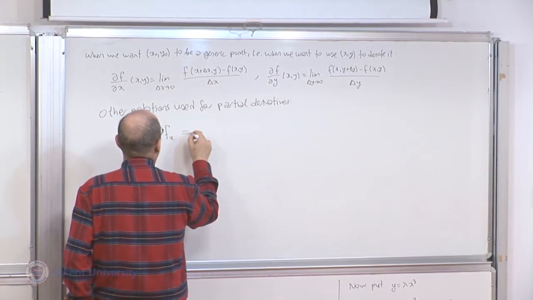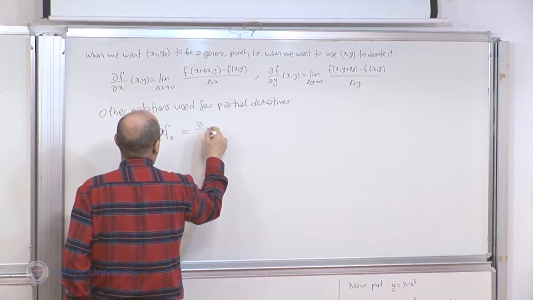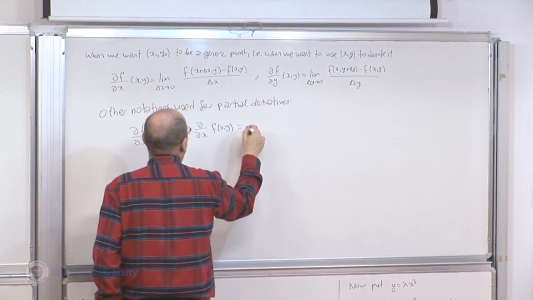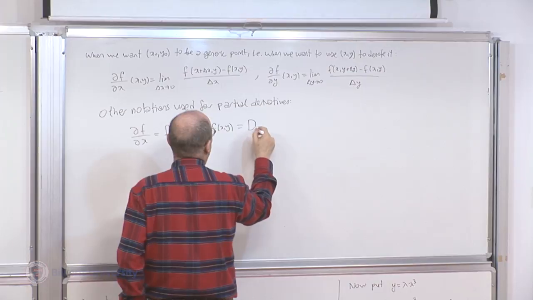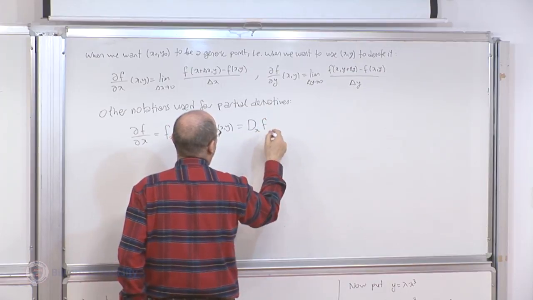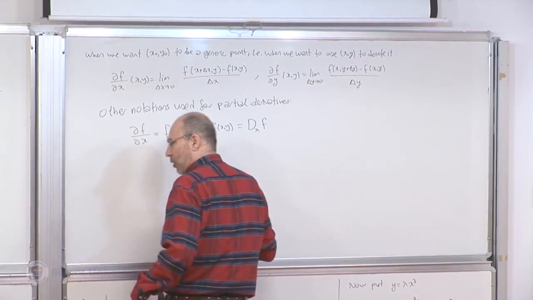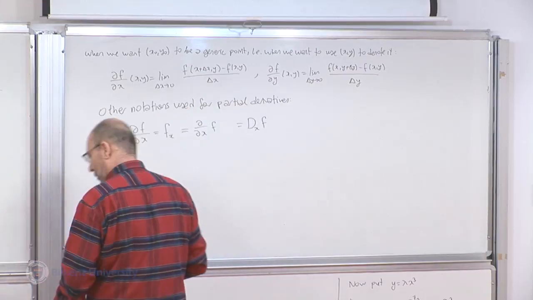Another one is we treat this as an operator, so sometimes we write this and put the function here. Since we are seeing this as an operator, we say we are taking the derivative with respect to x of f. Here you can put (x, y), but since I didn't put it here, let me not put it here.